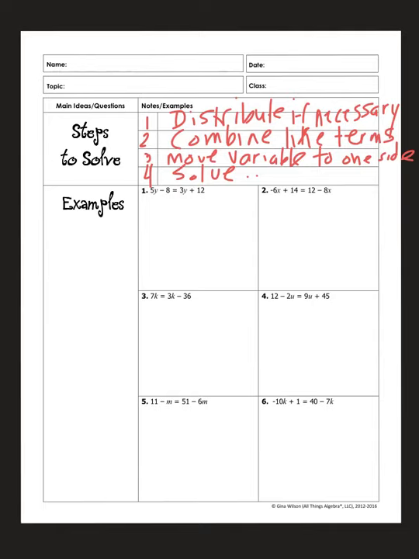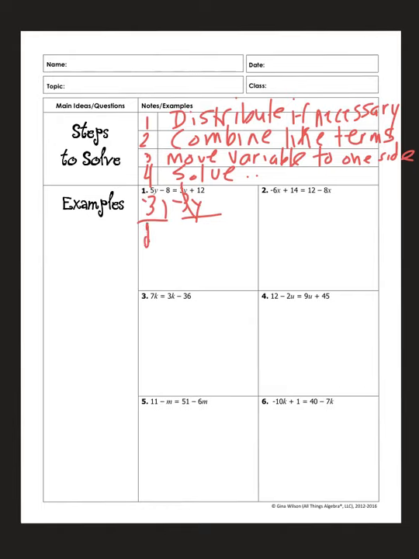I don't like to make that negative. I like to keep it positive, and I like to keep it positive in life too. So I prefer to move the smaller coefficient to keep the variable positive.